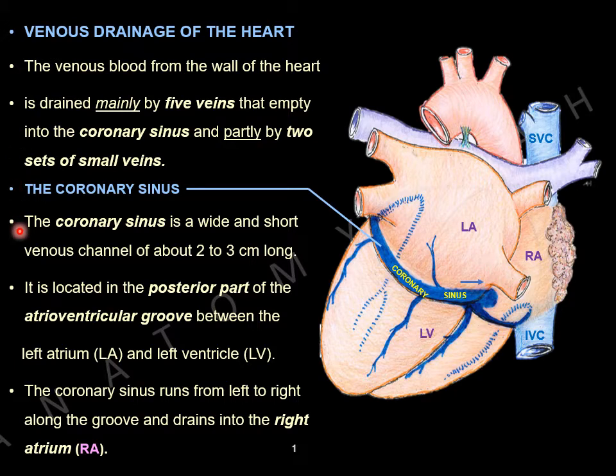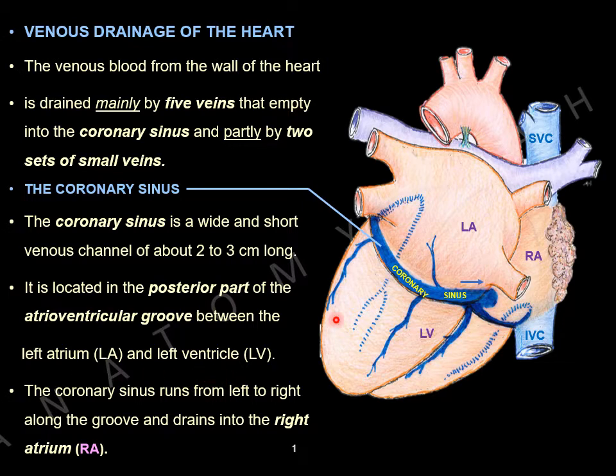The coronary sinus is a wide and short venous channel about 2 to 3 cm long. It is located in the posterior part of the atrioventricular groove between the left atrium and left ventricle.